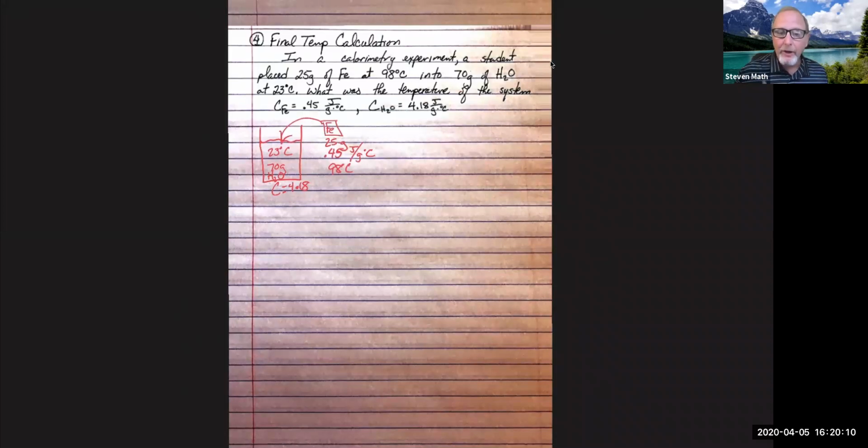Here's the deal. What the question really should read is, what was the final temperature of the system once the system reached equilibrium? These are both going to reach the same temperature. What's going to happen when you throw a piece of hot metal into water?